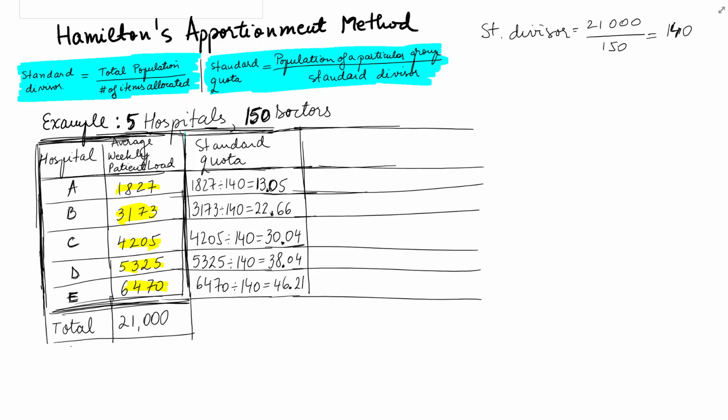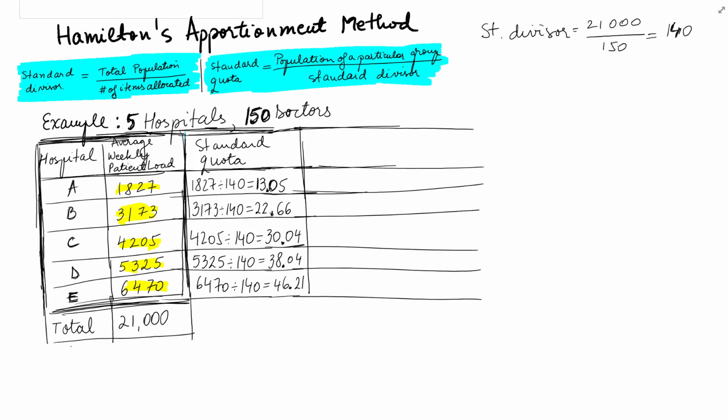And then I divided all the other average weekly patient load for each hospital by that standard divisor, and I wrote the answer using 2 decimals. So I did 22.66, and the hospital C, the standard quota, has 30.04. 5,325 divided by 140 is 30.04, and 6,470 divided by 140 is 46.21.